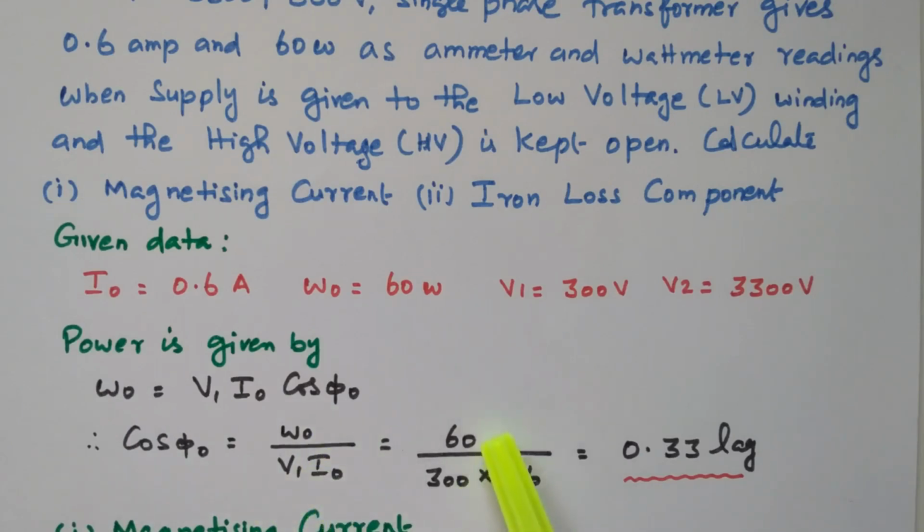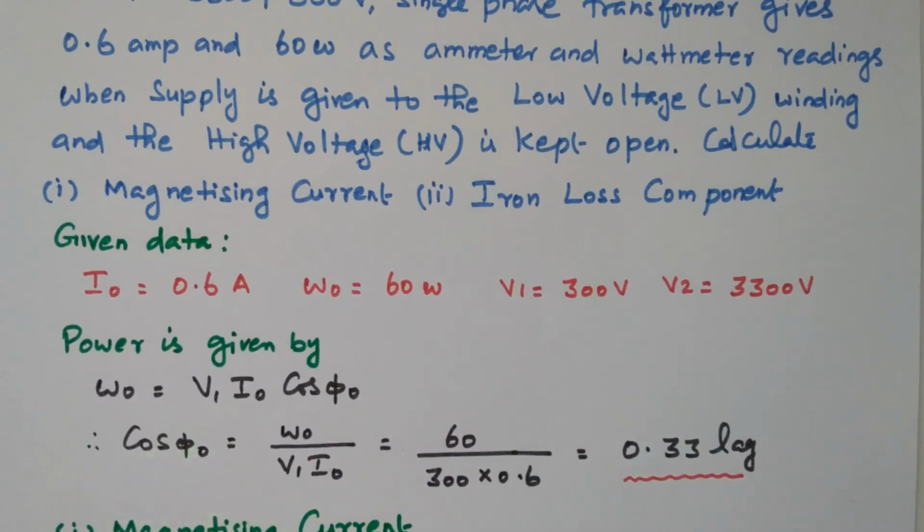W naught is given as 60 watts, V1 is 300 and I naught is 0.6. So by simplifying, we get cos phi naught equal to 0.33 lagging.